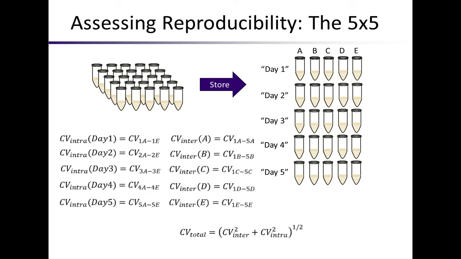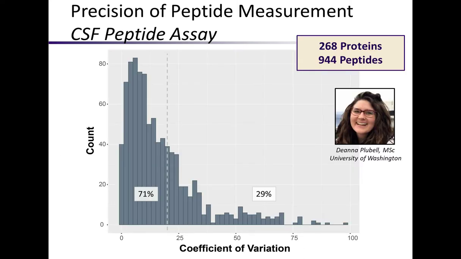So on each day, you can take a CV of samples from day 1, A through E. Then you can also get an inter-day CV, where you can look at sample A on each of the 5 days. Now, by taking the sum of the squares, you can get the total CV for the variance of the measurement of any given peptide that you might be interested in.